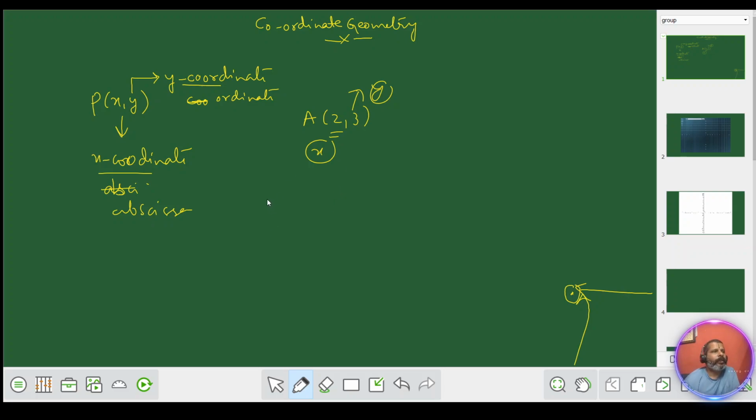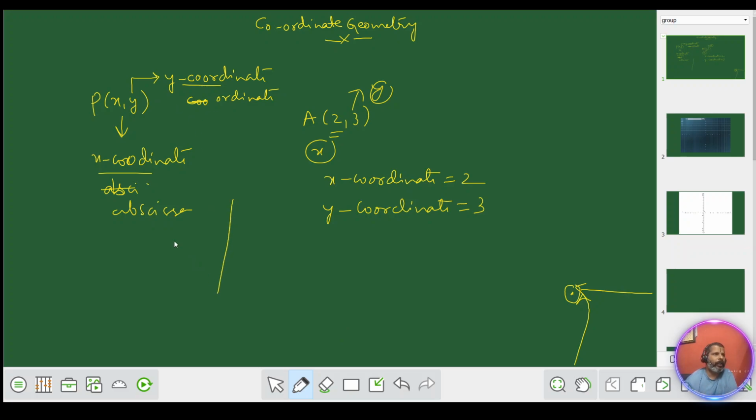So if I say that A of 2 comma 3 is a point in a coordinate plane, what is its x coordinate? X coordinate is 2, y coordinate is 3. What do you mean by x coordinate 2, y coordinate 3?